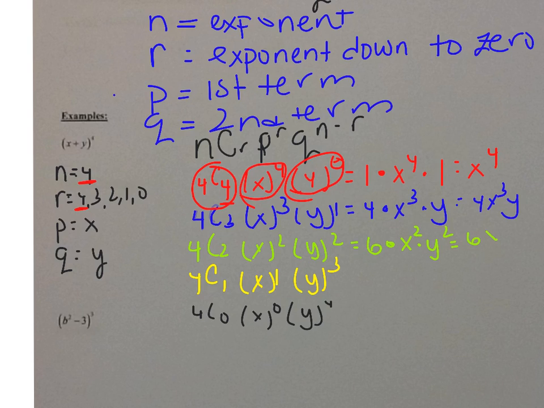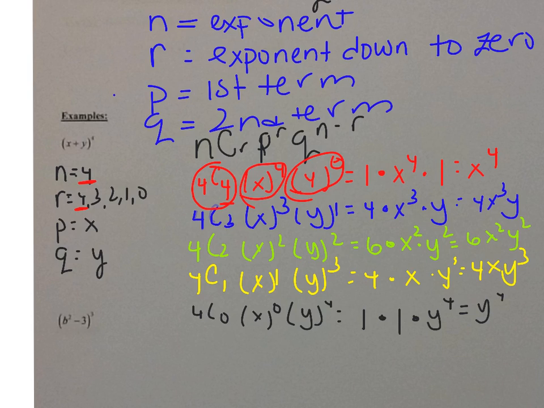So that's 6x squared y squared. 4C1 is 4 times x to the first times y to the third, which is 4xy to the third. And 4C0 is 1, x to the 0 is 1, and y to the fourth, which is just y to the fourth.